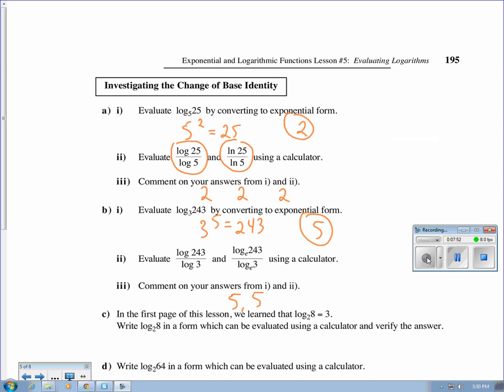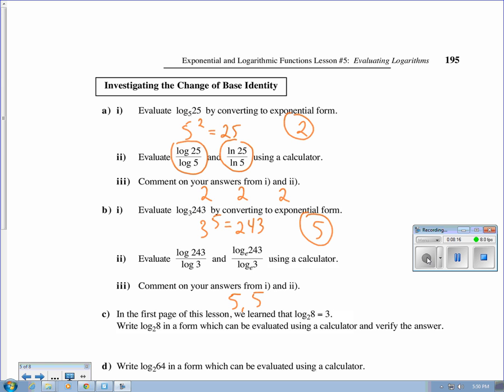We want to learn a new rule, and that new rule involves changing the base identity. I know, and you know, that 5 squared is equal to 25. So when I'm looking to evaluate the log of 25 base 5, I know that that's 2. But try this exercise out on your calculator.